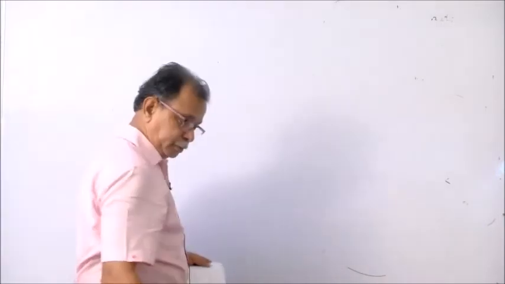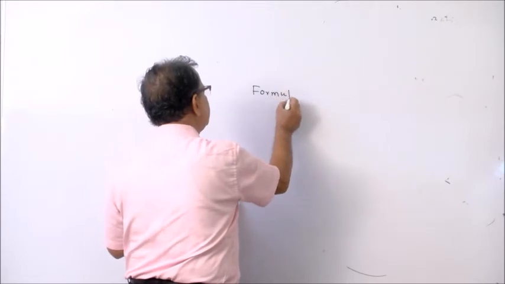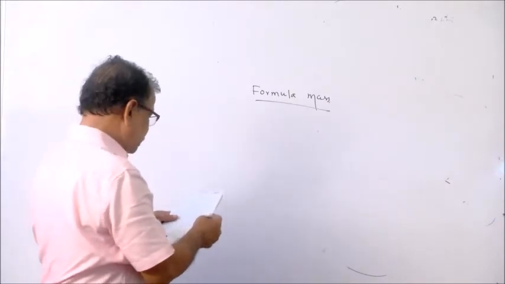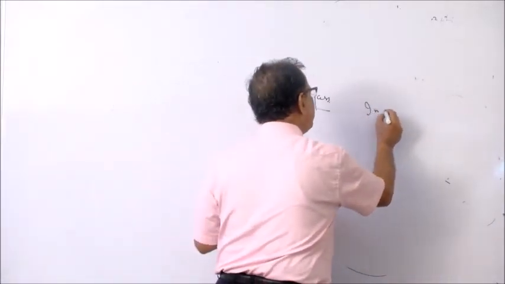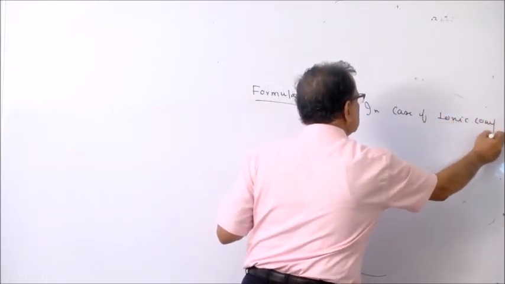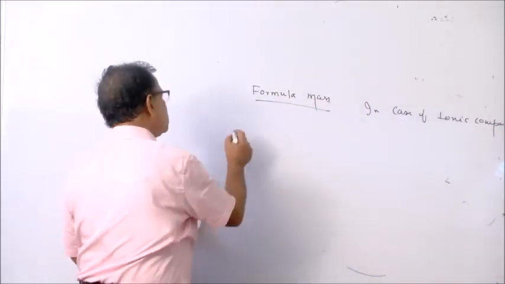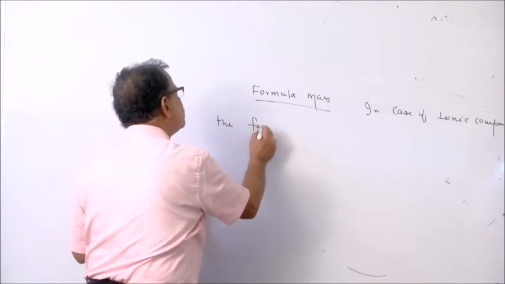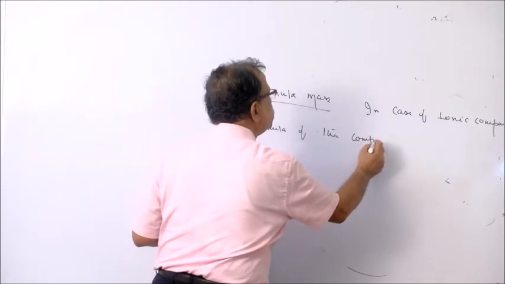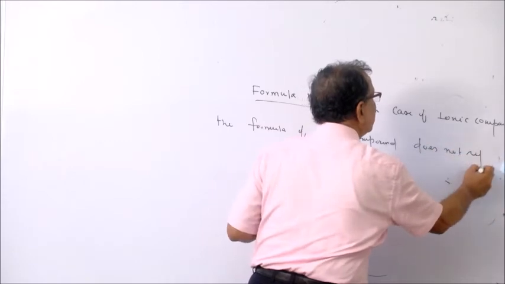Another is formula mass. Formula mass is the same as molecular mass in the case of ionic compounds. Ionic compounds are solids, and the formula of the compound does not represent the molecule.